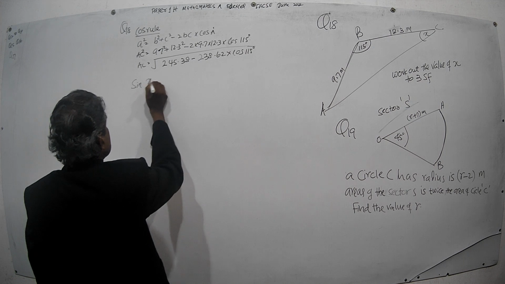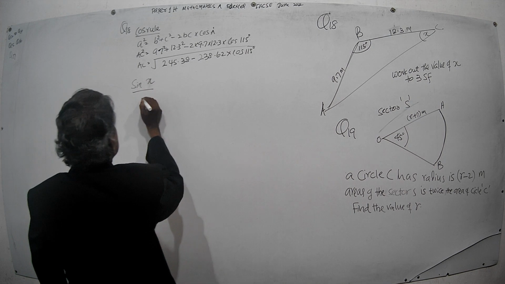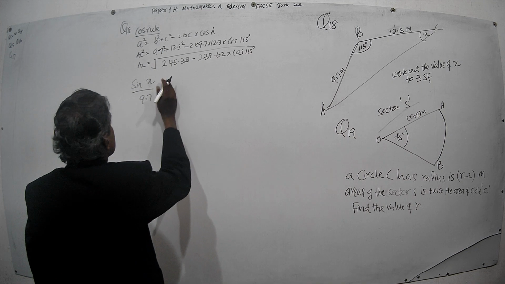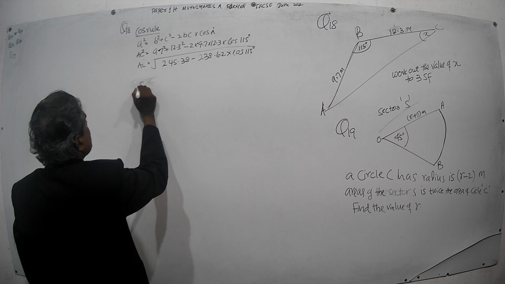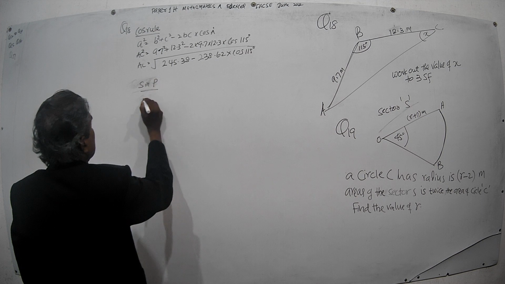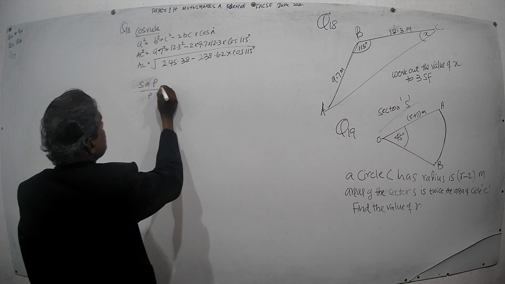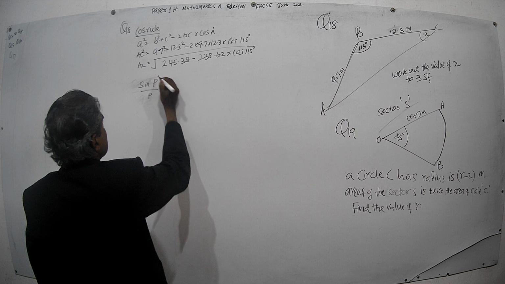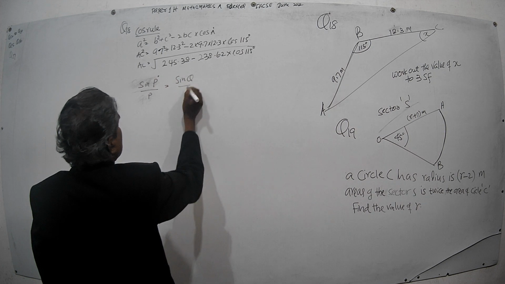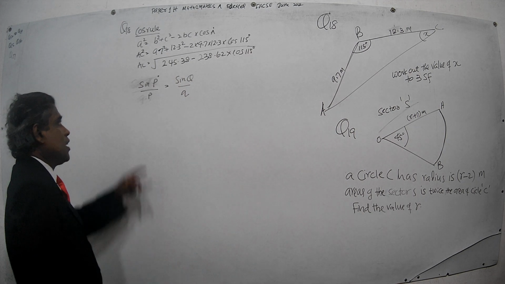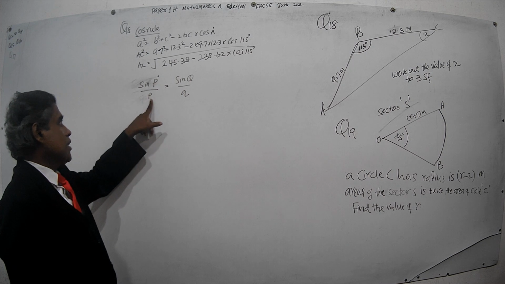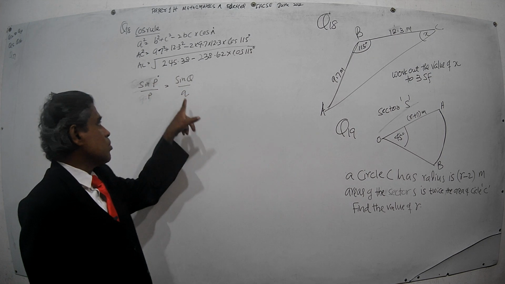Sine P over P equals sine Q over Q. You take an angle and its opposite side, and another angle and its opposite side.